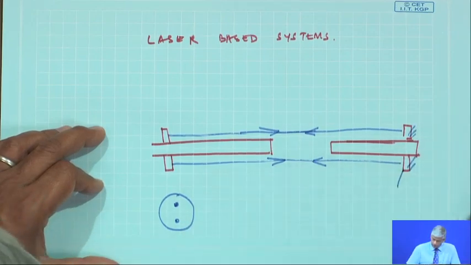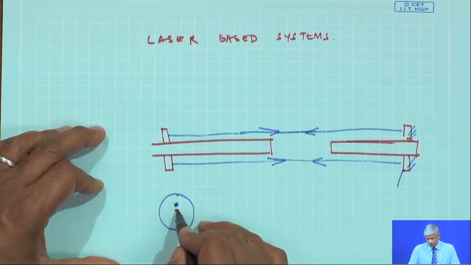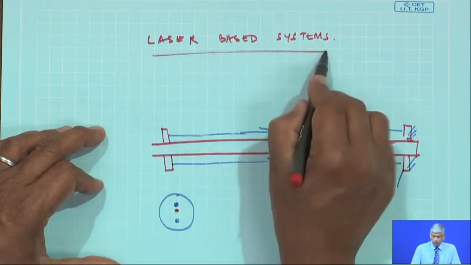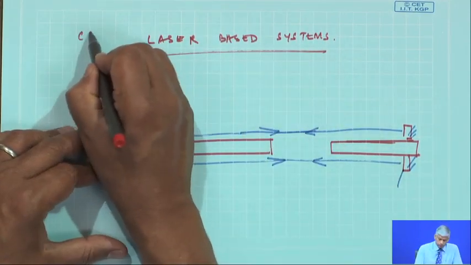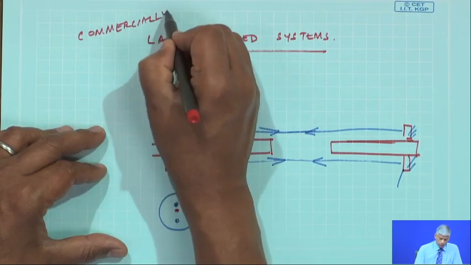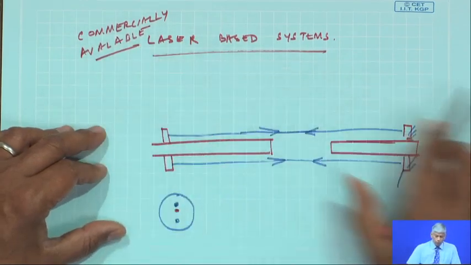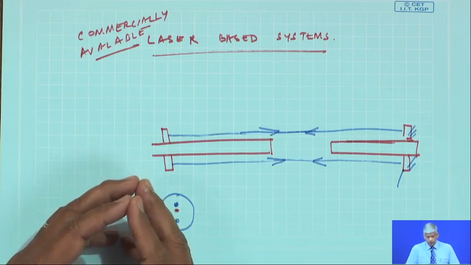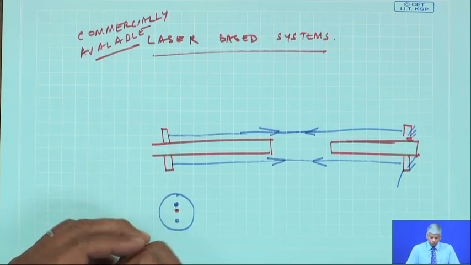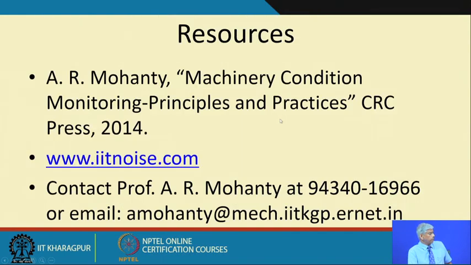But if they are misaligned, the reflection of the laser beam would come at a different spot. Such laser based systems are commercially available to do the alignments in such systems. And this is again out of my book, so you can get the details in this book. Thank you.